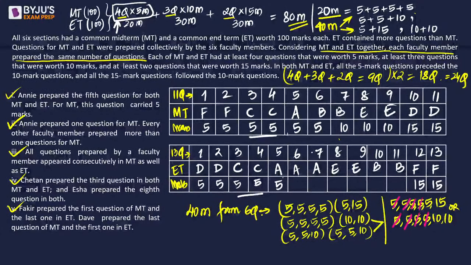If I put a 5 here, okay, total marks should also be 100. So far, what is the sum? The sum so far up to E was 25 plus 30, 55 plus 30, 85. So we need a 15. Means in MT the total score is going to be such that the last 3 are supposed to be 15, because we need a total of 100 marks.